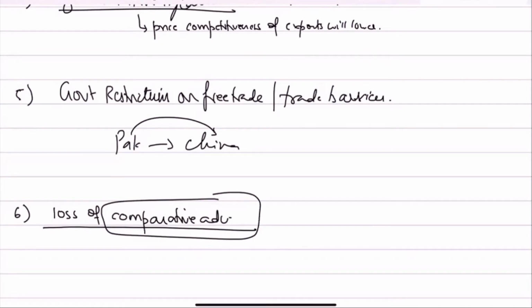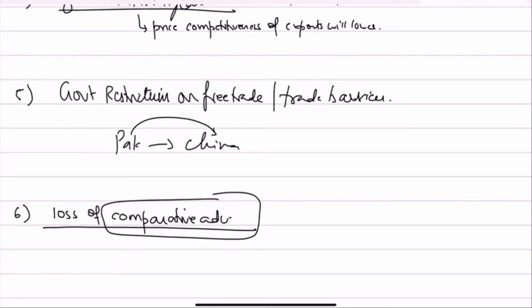And if the country loses its comparative advantage over another country, so for example, if Pakistan had a comparative advantage over India, Pakistan may lose that comparative advantage over India. So again, that is a big reason. And as a result of that, the export industry of Pakistan will decline.